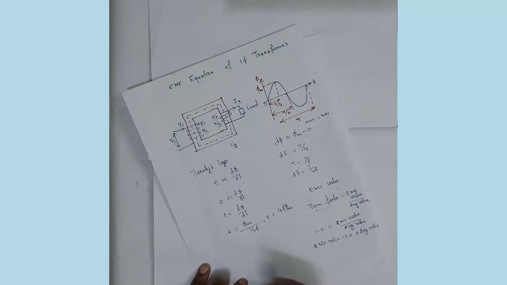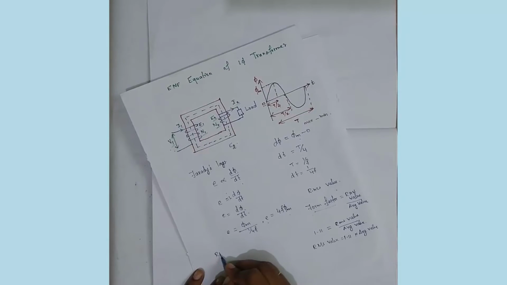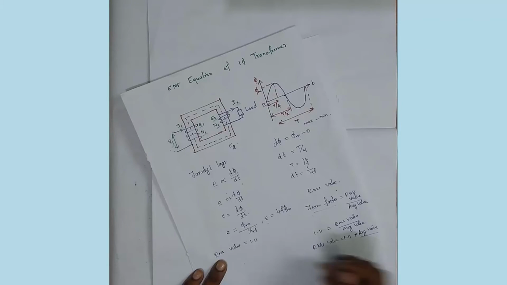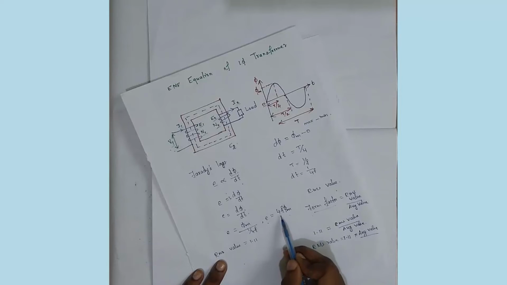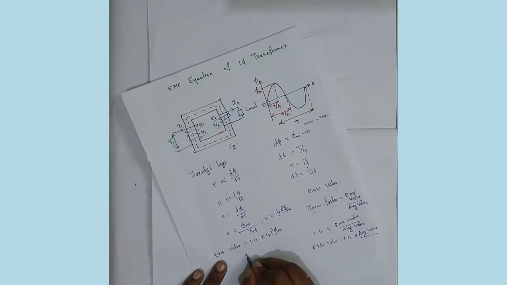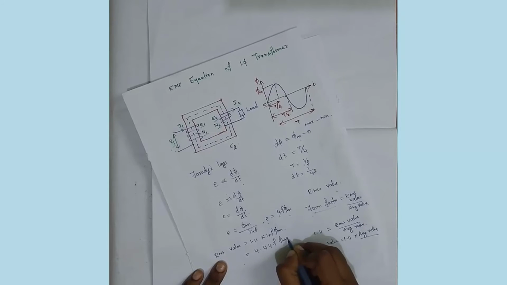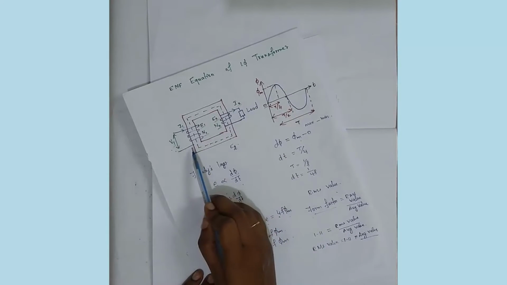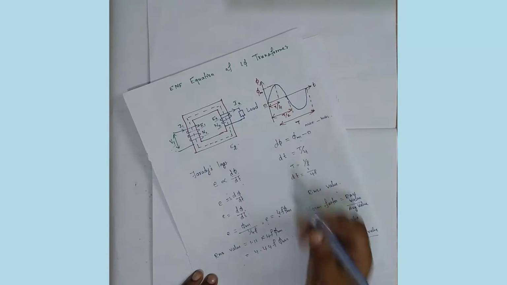The average value of induced EMF is 4f phi m, therefore the RMS value of induced EMF is 4.44 f phi m.